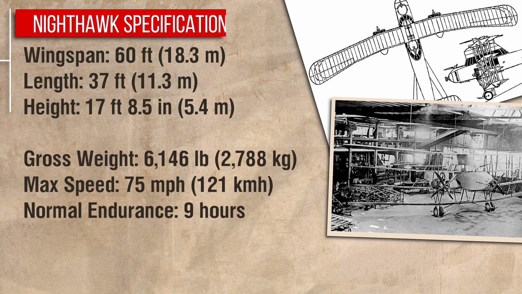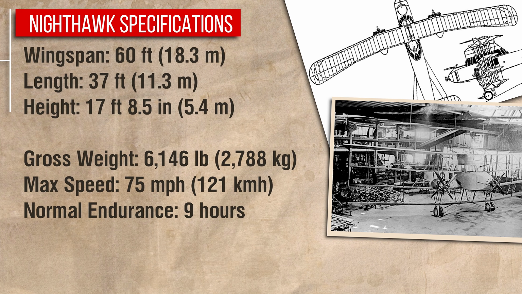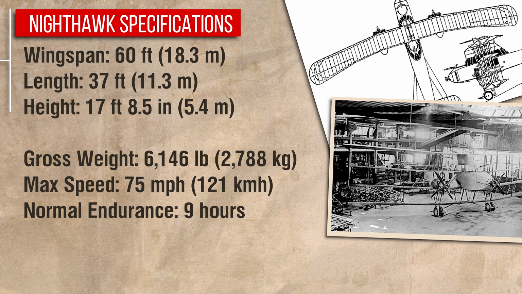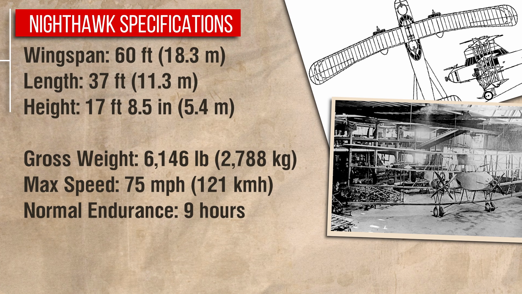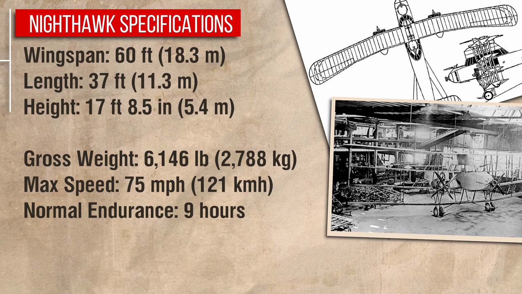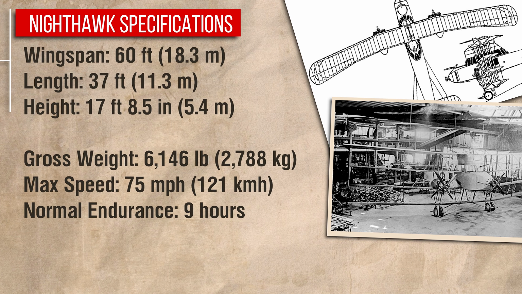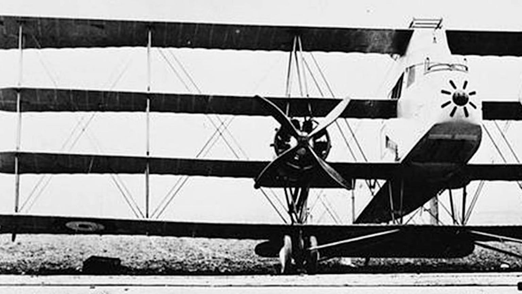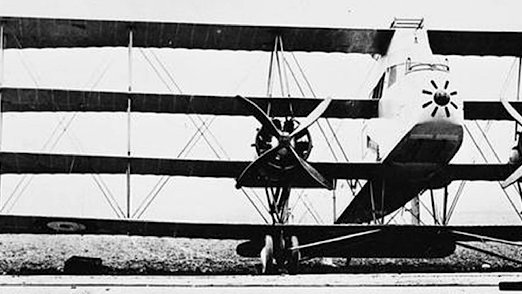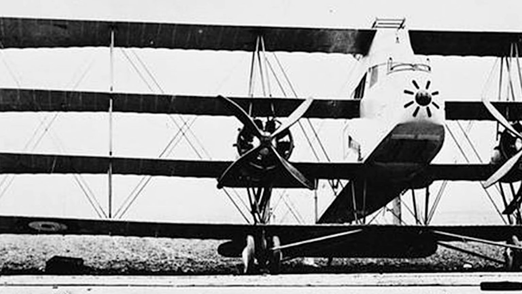Despite being generally underpowered, the Anzani engines allowed a maximum speed of 75 miles an hour, although the usual patrol speed was 60. And a positively sedate landing speed of just 35 miles an hour was usual. Despite all the work put into this ill-looking project, the Nighthawk would never get a chance to do its job.